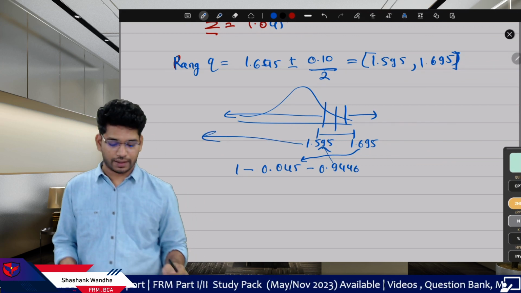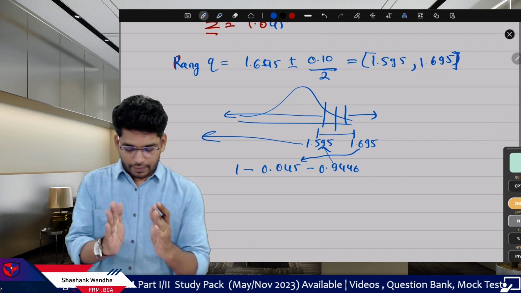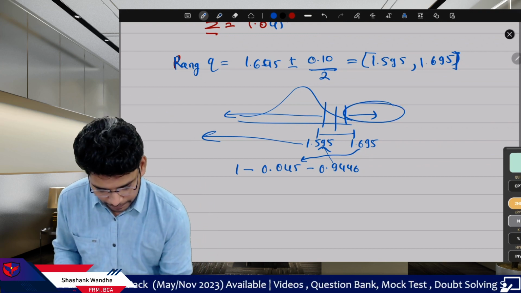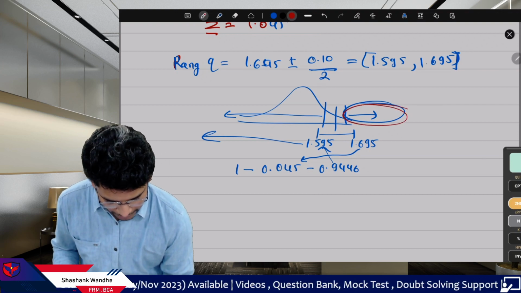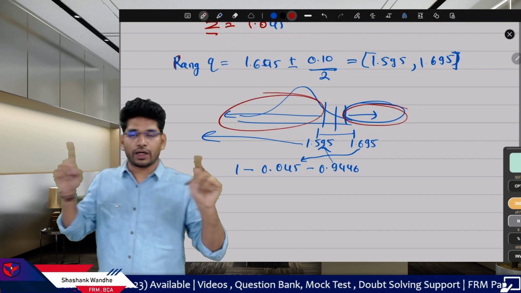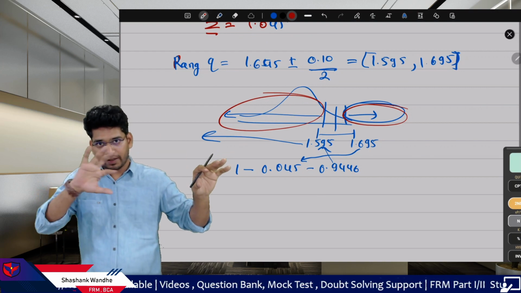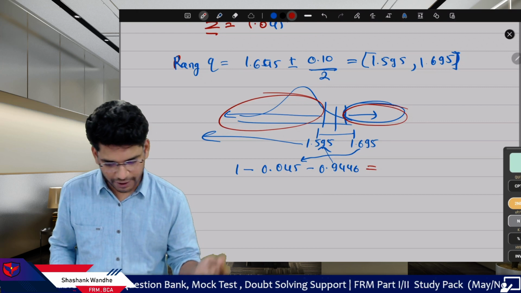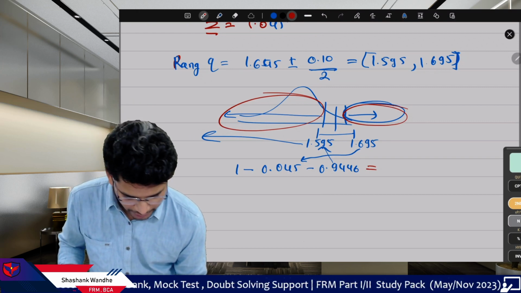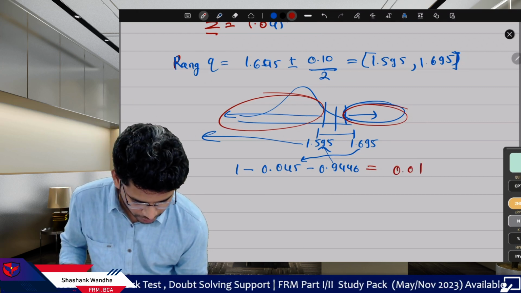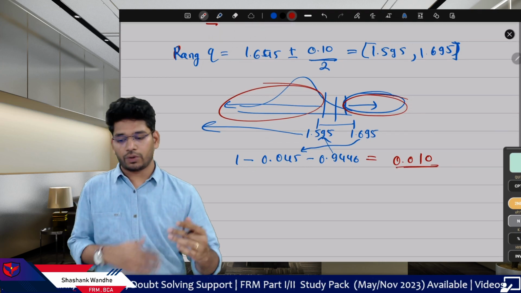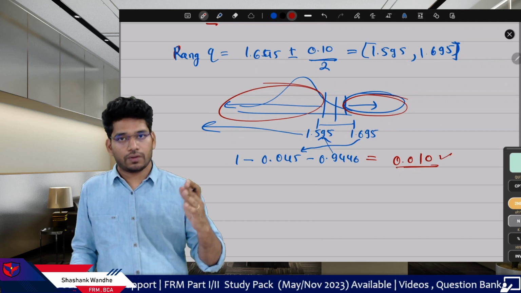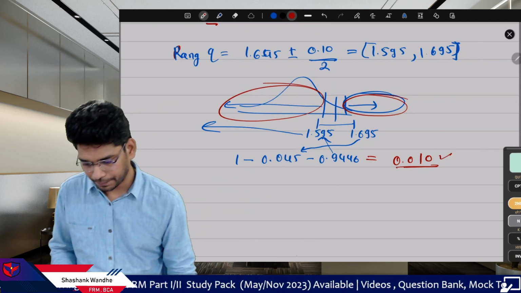So simply from 1 you reduce this particular part, and this particular part. We know the total is 1. This part removed, whatever is left is our probability mass for that bin, and the answer is 0.010. If you do the calculation very precisely, then you will get 0.0102, like that.